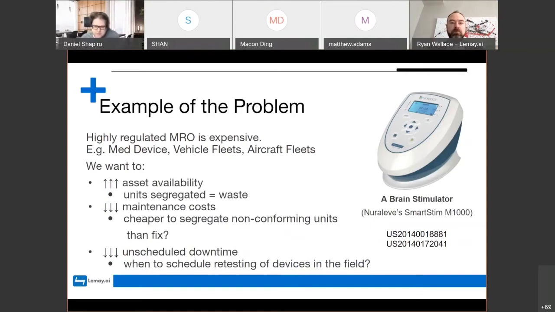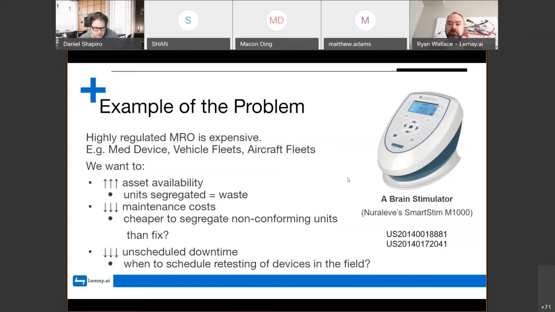So it's a representative example of a complicated system that has a bill of materials with lots of parts and subparts. This is the kind of project that we do, where you have a fleet of vehicles or drones or medical devices, something highly regulated and complicated that you want to model. How is it going to fail and how should you fix it? And it's not like a disposable thing where you just go, I'll buy more.